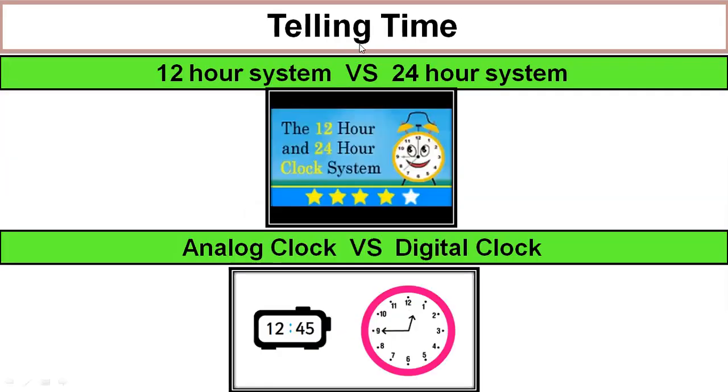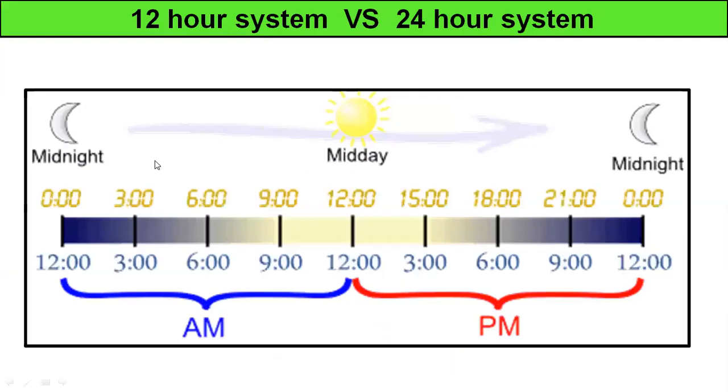So now we're going to learn the differences between the 12-hour system and the 24-hour system, and we already know the difference between the analog clock that shows hands and digital clocks with numbers. Look at this chart very well. We're going to start from here, from the 0 or 12, but this is actually midnight.